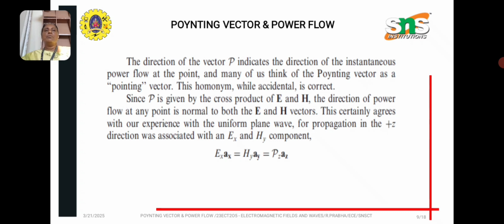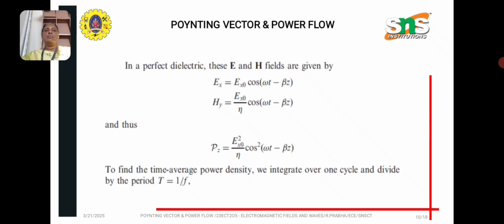And this Poynting vector is the cross product of E cross H. The direction of power flow at any point is normal to the E and H vectors, because P is equal to E cross H, and we can write Ex ax cross Hy ay is equal to Pz az.